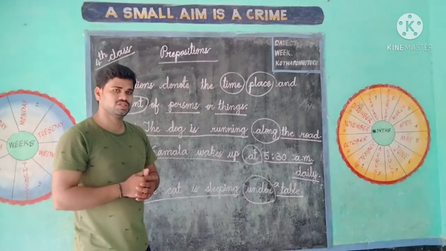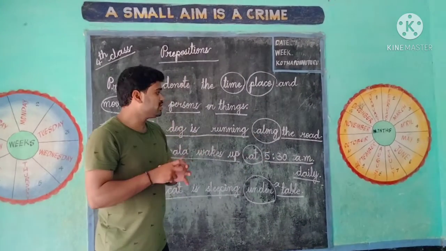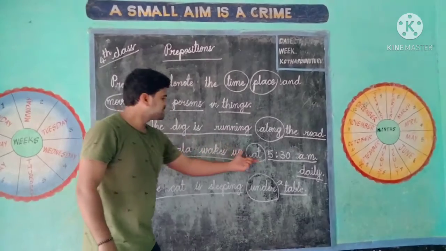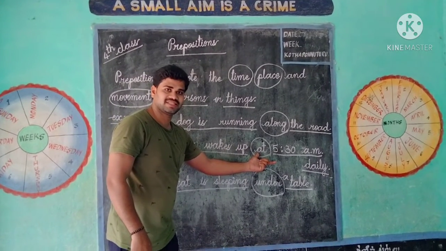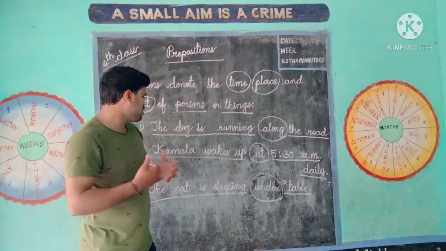But one thing, students: in the first sentence, along is a preposition, it denotes the movement of the dog. In the second sentence, the preposition at denotes the time of waking up.